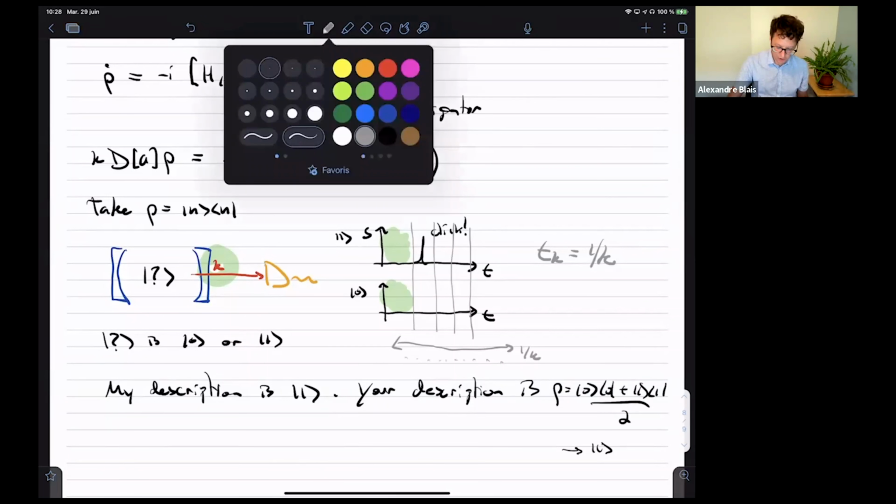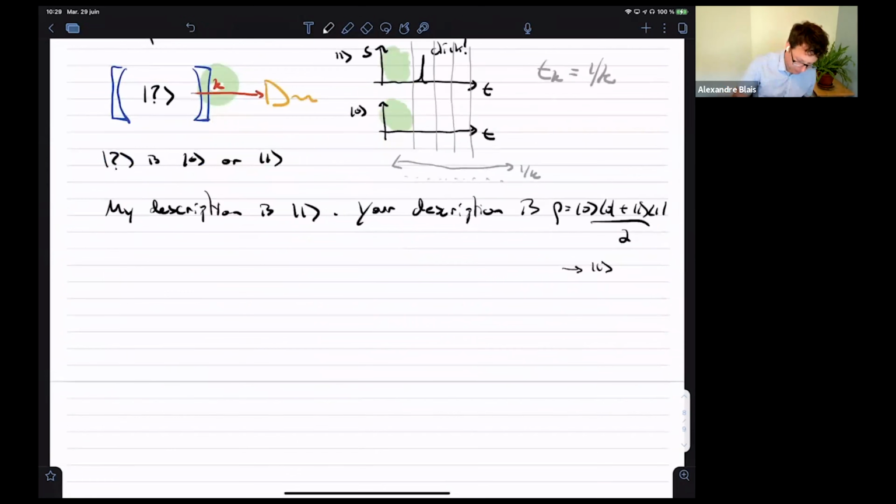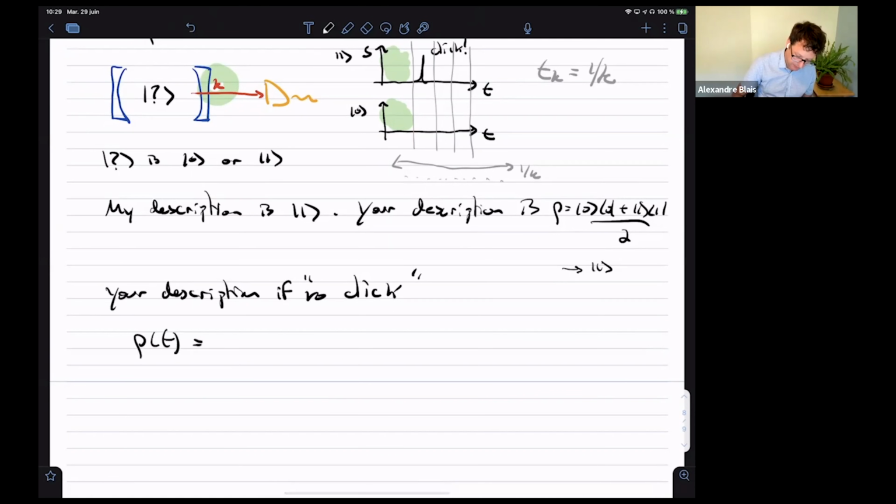And so your state of knowledge, if there was no click, should go something like, and I hope I won't screw this up, will go something like 1/2 (1 minus e to the minus kappa t) |0> plus e to the minus kappa t |1>.